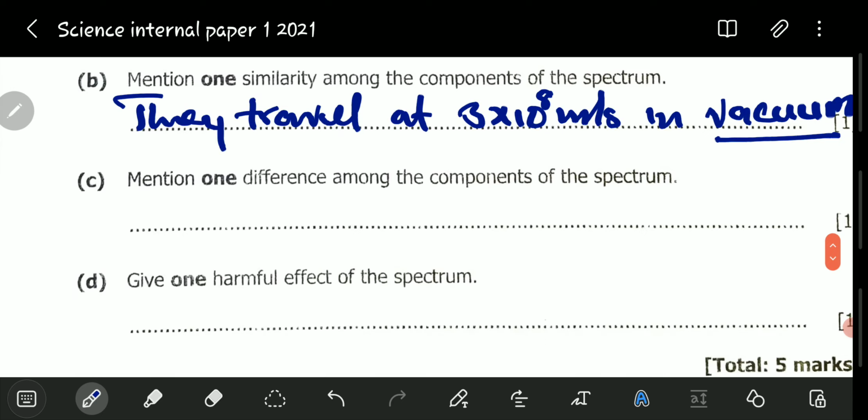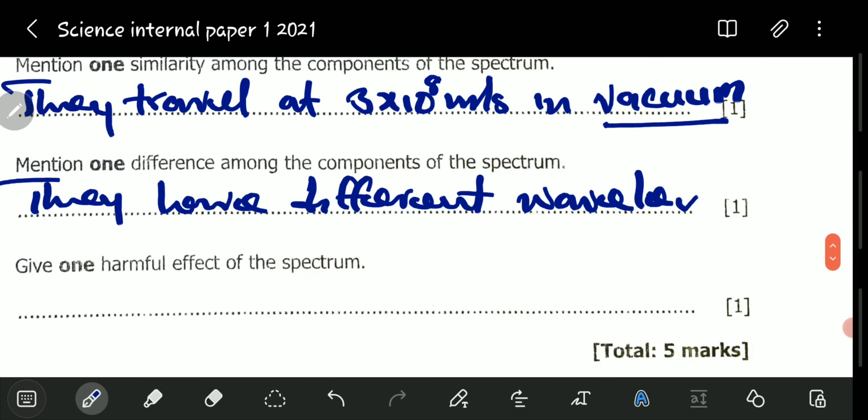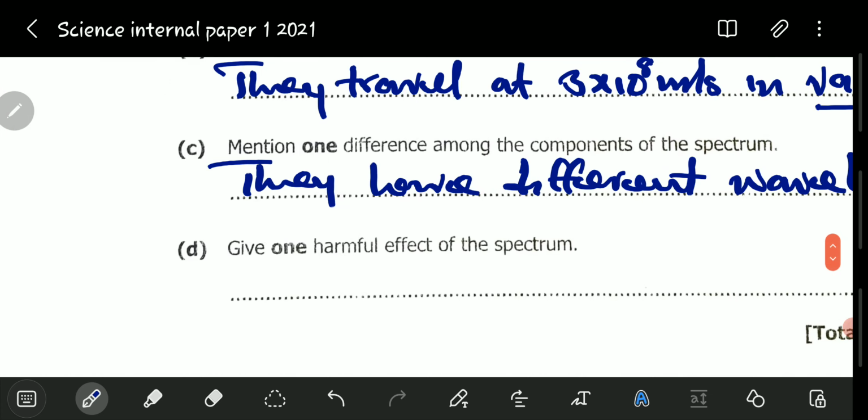So they have different frequencies or different wavelengths. Finish. They have different frequencies.